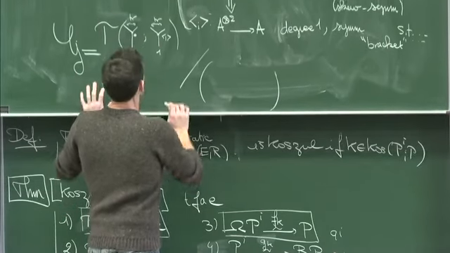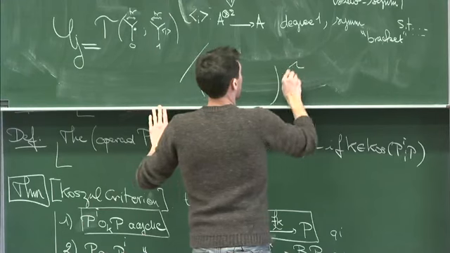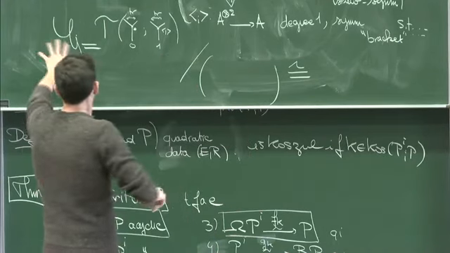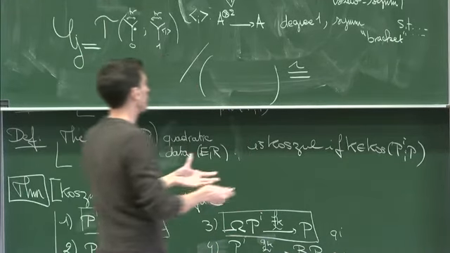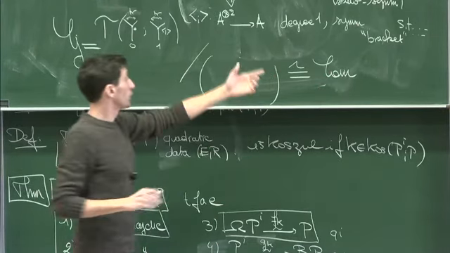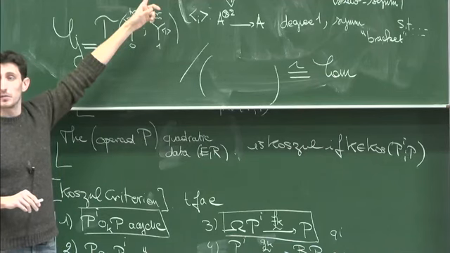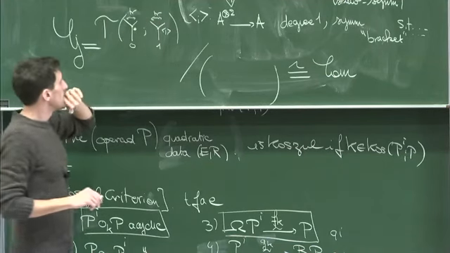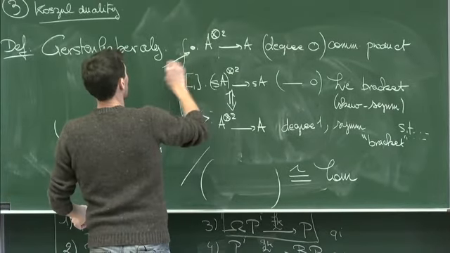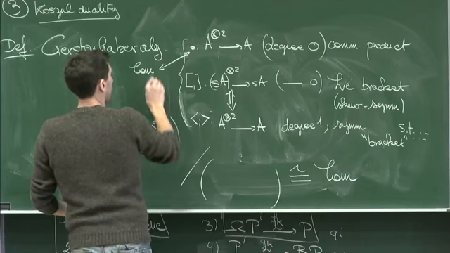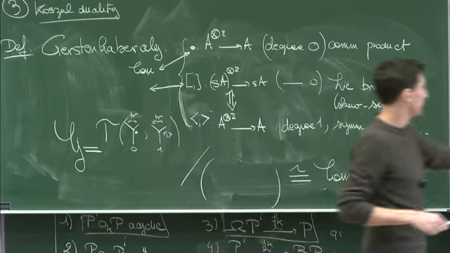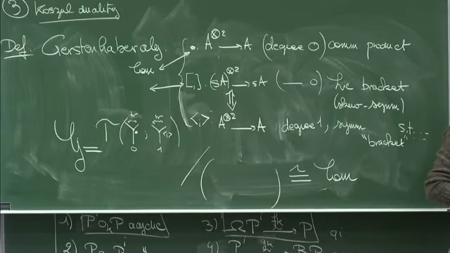In other words, because I promised to use the suspension operad, the Gerstenhaber operad is made up of what? You should have sitting inside the Gerstenhaber operad the operad Com, which models the commutative product. But then this one is modeled by what? S of A should be a Lie algebra.